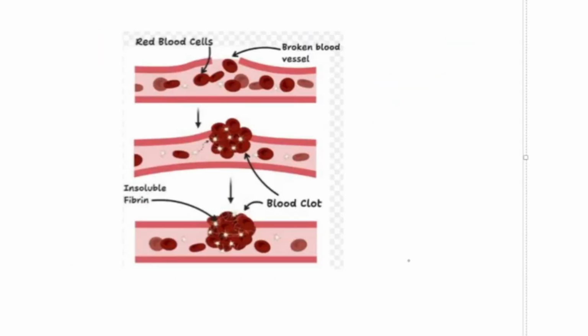So looking at this now, this is a broken blood vessel. You notice here that the blood vessel has been broken at this point, and then that breaking of the blood vessel will now attract platelets. So platelets will begin to gather at that site. When they get to that site, a particular enzyme called thrombin would help to convert your soluble fibrinogen. Let me write it down.